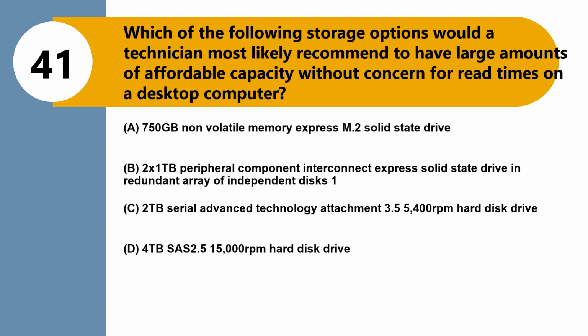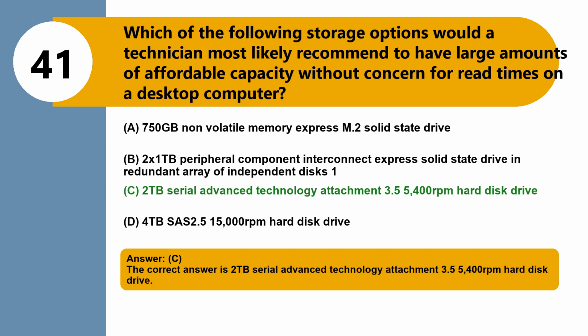Option D, 4 TB SAS 2.5, 15,000 RPM hard disk drive. The correct answer is option C, 2 TB serial advanced technology attachment 3.5, 5,400 RPM hard disk drive.